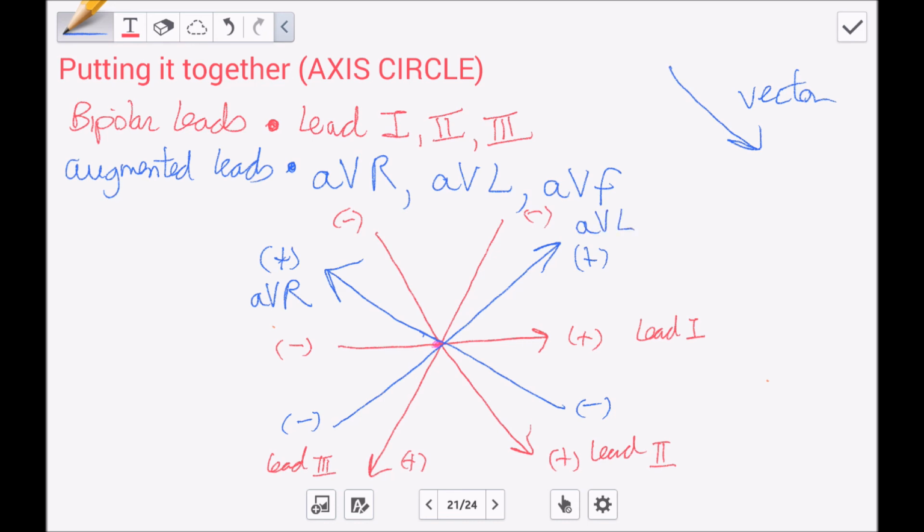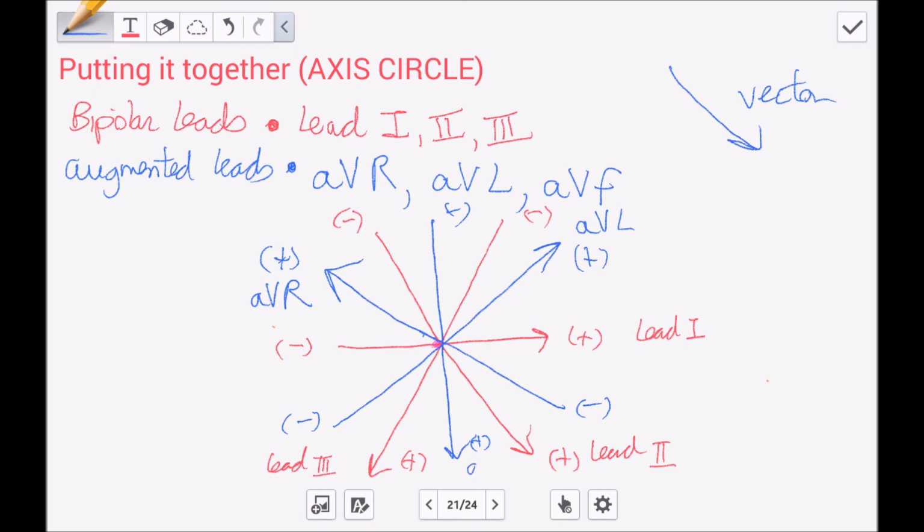Last but not least, the last augmented lead is AVF, or AV floor, or AV foot, the way that is easy to remember. And that lead is pointing towards the foot. And which lead is that perpendicular to? It's perpendicular to lead 1, right? Goes down like this. So this is negative, this is positive.